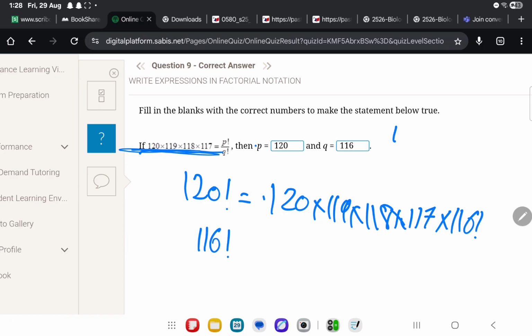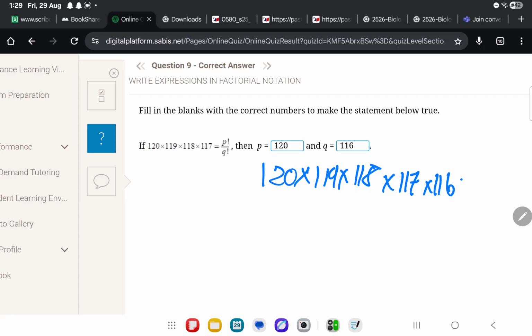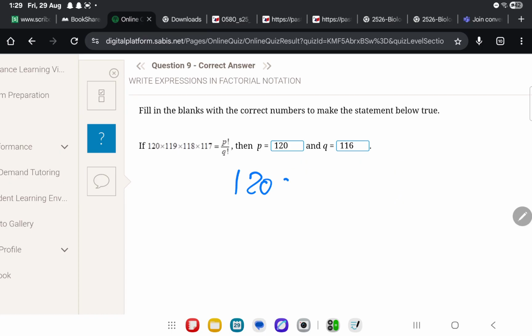So when you divide 120 times 119 times 118 times 117 times 116 factorial by 116 factorial, you can see these two cancel out. I'll be left with exactly what I have in the question. So this is basically the answer, 120 factorial over 116 factorial. Done. This is my answer.